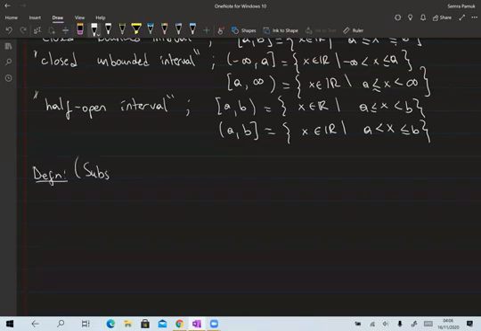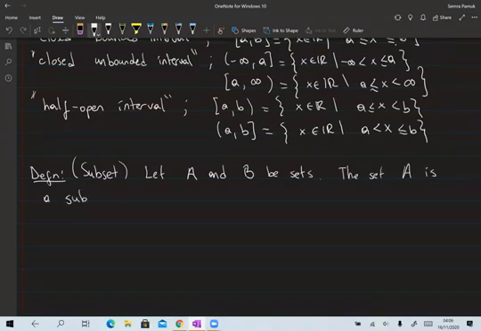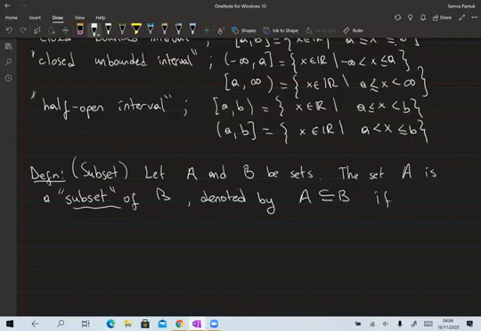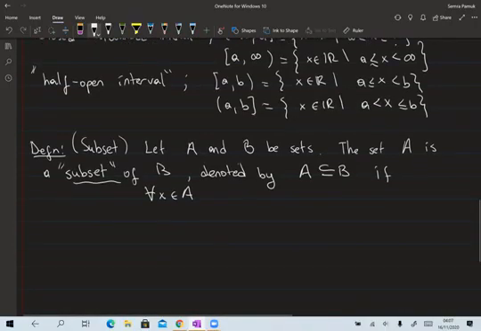Definition: we have two sets, and we say that the set A is a subset of B, denoted by A ⊆ B, if, since you learned the quantifiers, let me write it in quantifier notation: for every x in A implies x is in B, right?